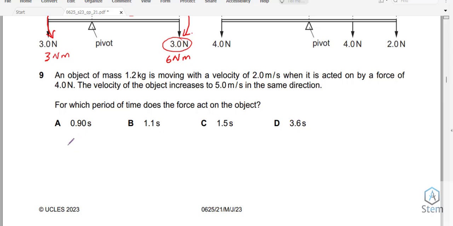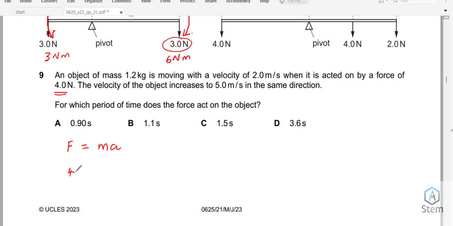We know that F is equal to mass multiplied by acceleration. The force which is responsible for the acceleration in this case is 4 newtons.